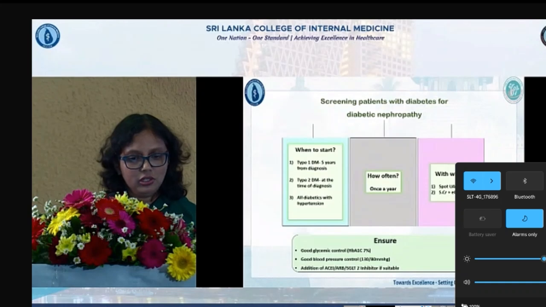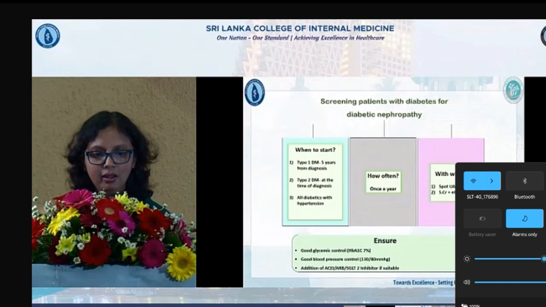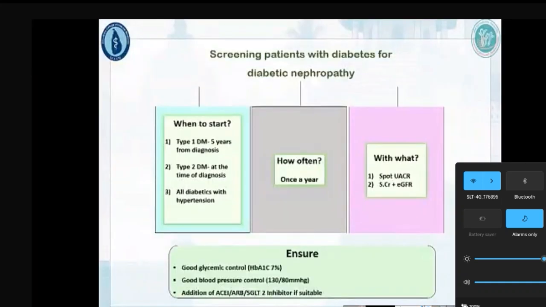So I'll just finish off by summarizing with this slide. Remember to ask yourselves these 3 questions. When do I start screening my diabetic patient for kidney disease? Once I start, how often should I be doing it? And then with what? The spot UACR and the serum creatinine and the eGFR, and then plot your patient on that table to decide which stage he is at.